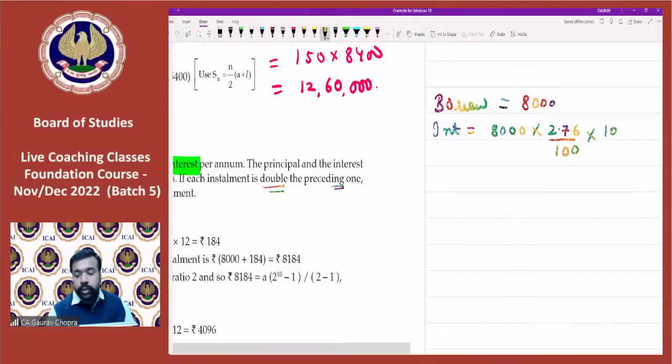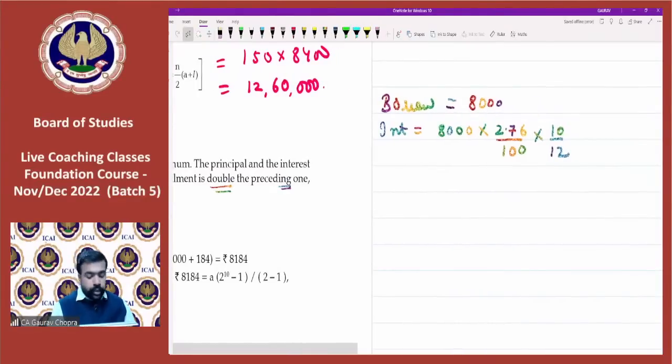Then 10 months, so 10 by 12. So let's see how much it is coming. 184 is the interest. So the total payment we have to do is 8184, in how many installments? 10.